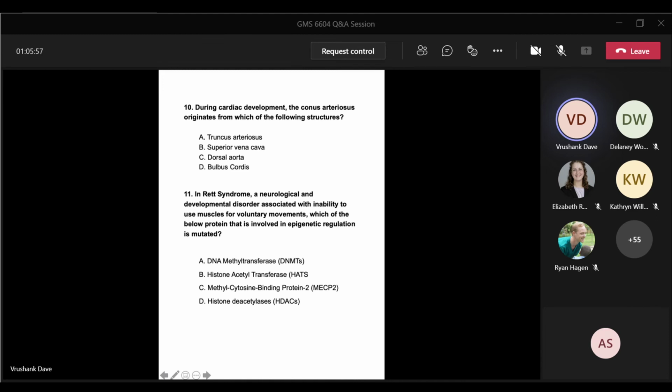HDACs are for suppression of gene expression, correct? So maybe that was the reason you are asking me about it. Am I correct? Yeah, no, that's true. But we do not deal with the entire complex which is formed.